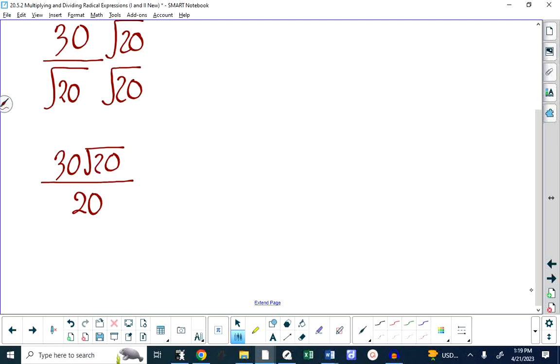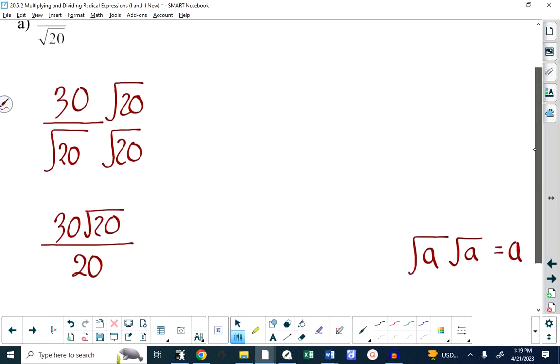You're going to have to come to this conclusion sooner or later. Root 20 times root 20 is 20. You shouldn't need to write root 400 and then go, oh, that's 20. This is the whole point of rationalizing. Root A times root A is A.